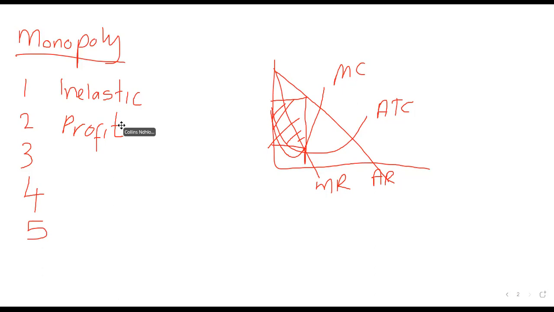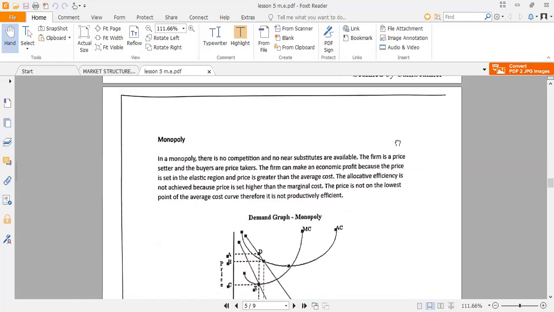What else? These kinds of market structures have huge capital investments, and as such, there are huge barriers to entry. Examples are utility companies like gas, electric, automobiles. Okay.